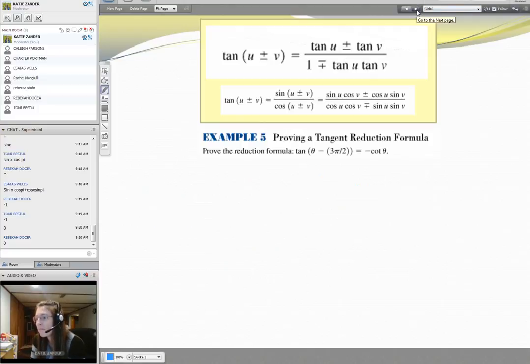All right, we saved the best formula for last, and that's the tangent. Because tangent is a combination of sine and cosine, there's a lot of different versions that we can use here for this formula. The first one, and again, this one's the most complicated piece, leave it to tangent to throw a wrench into the system here. We can use the formula of tangent u plus or minus tangent v.